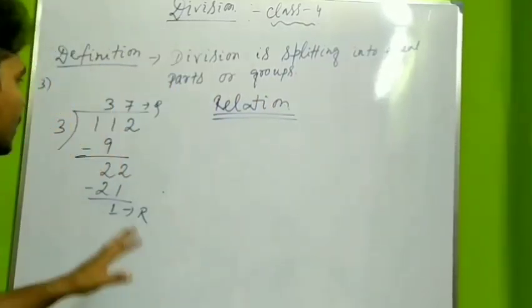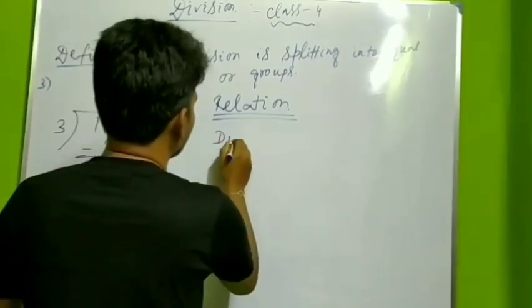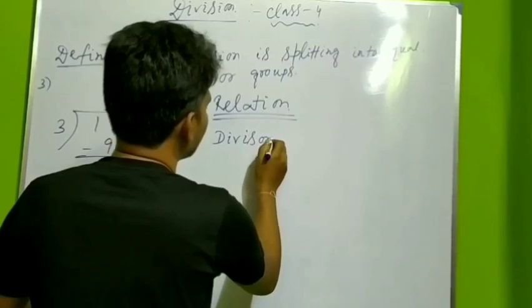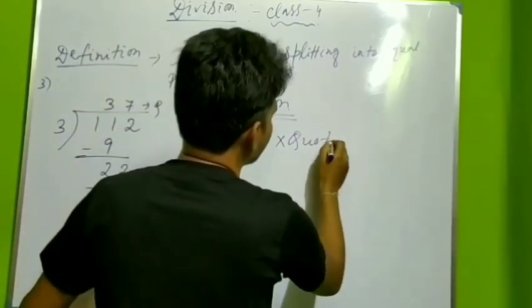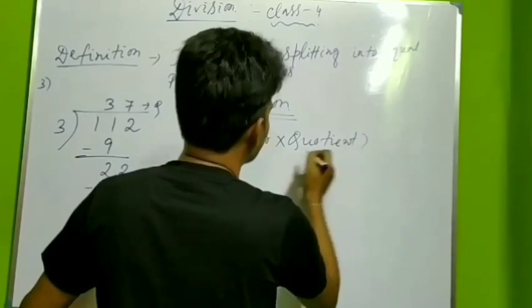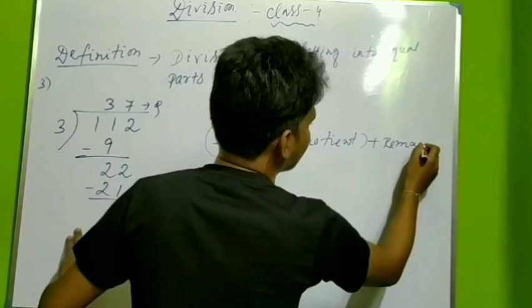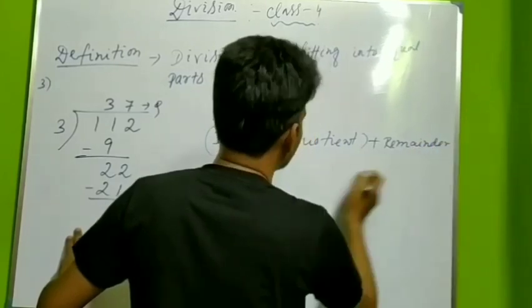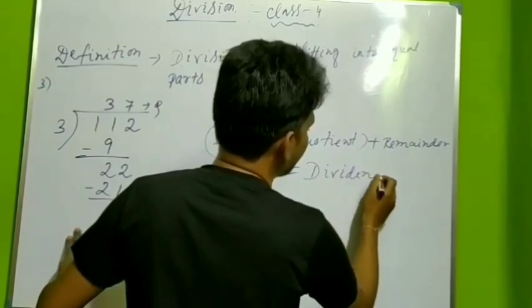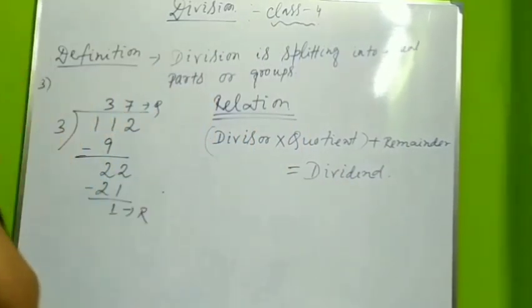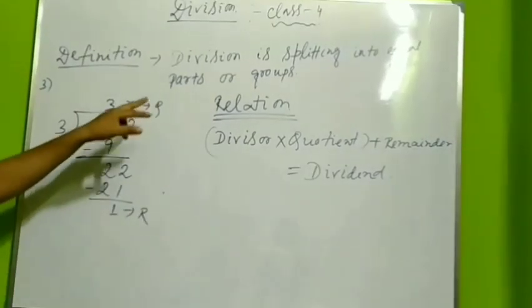So the relation is that divisor multiplied by quotient plus remainder equals dividend.